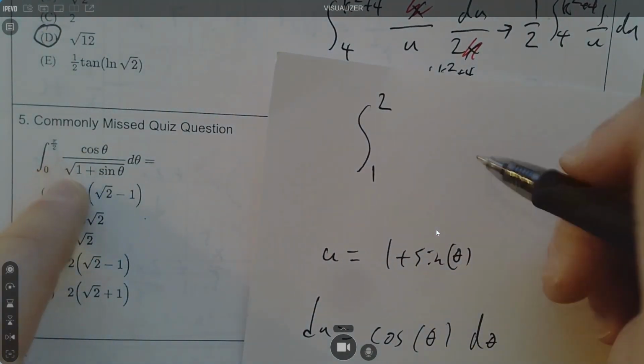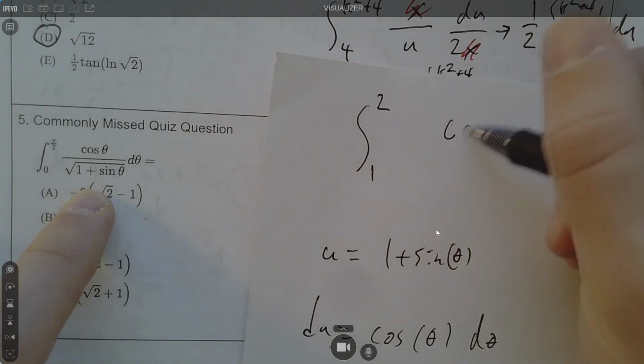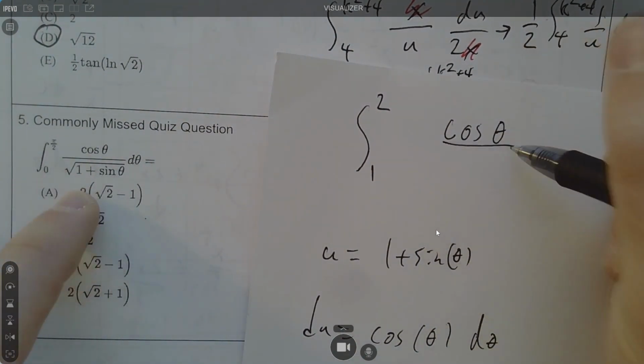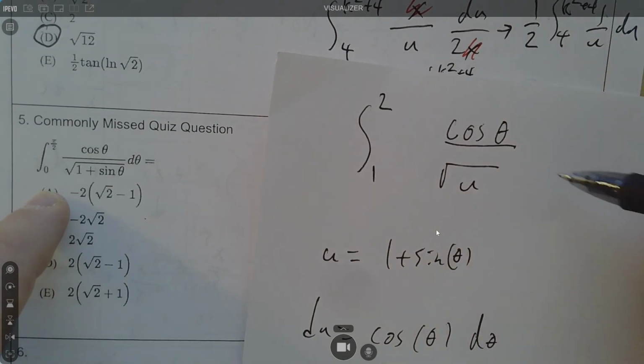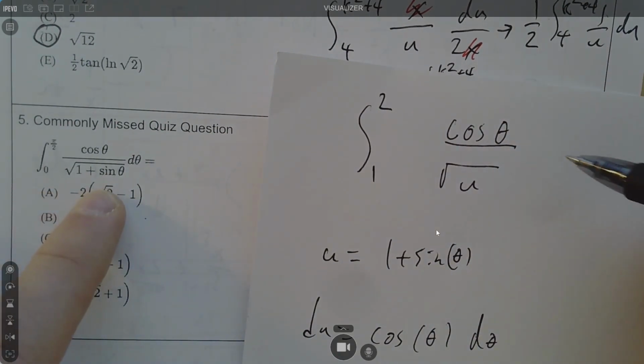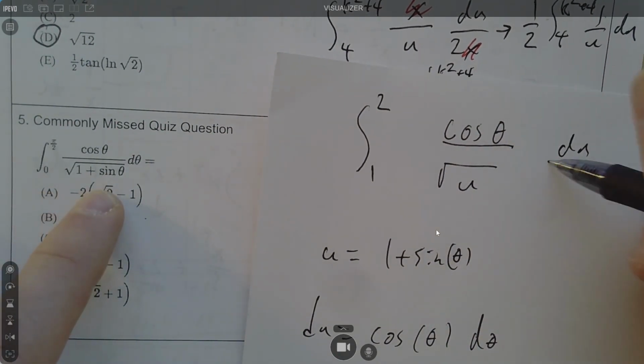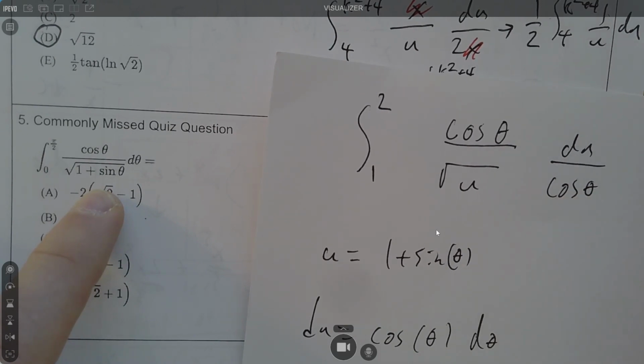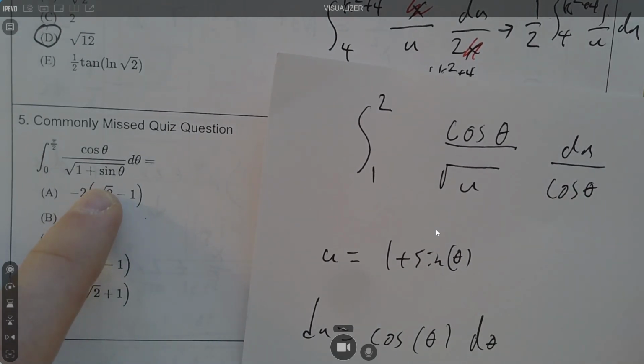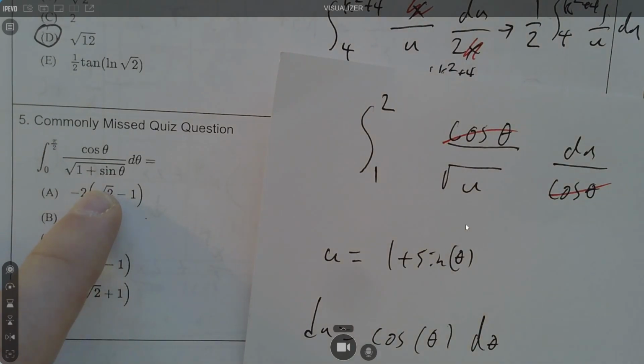And then it's going to be cosine theta over root u du over cosine theta. So the cosine thetas will cancel like that.